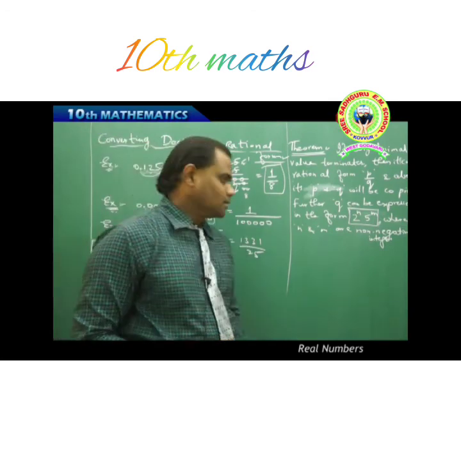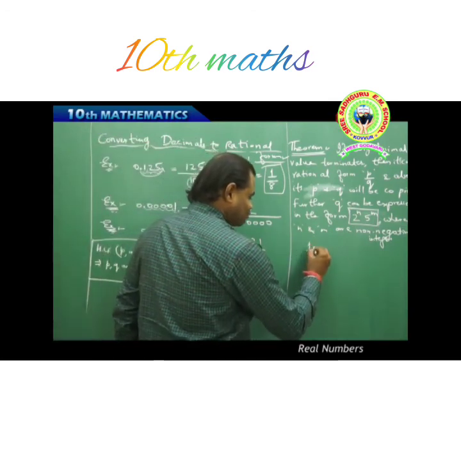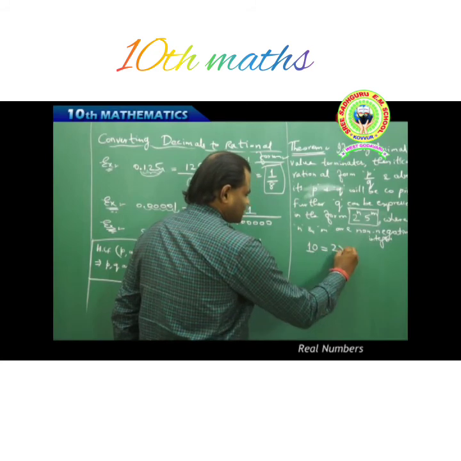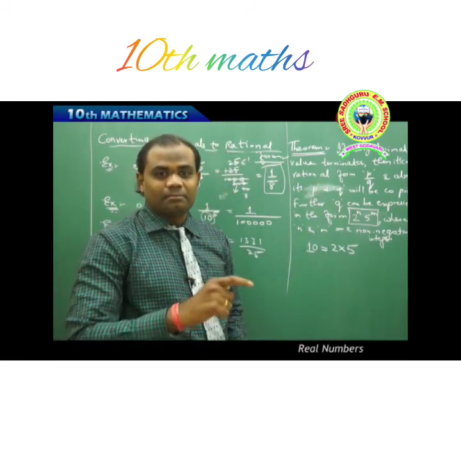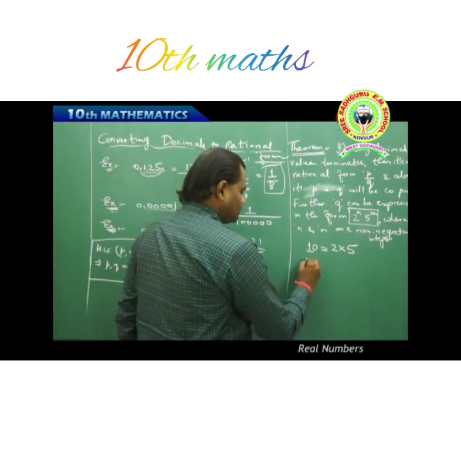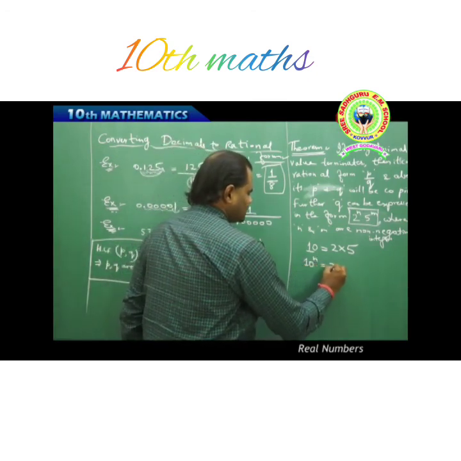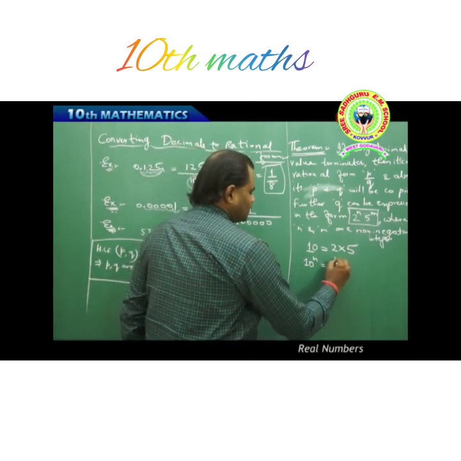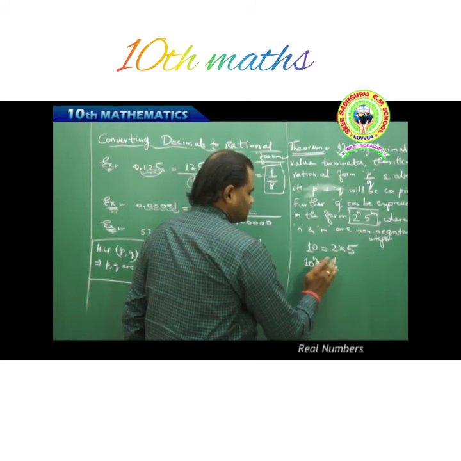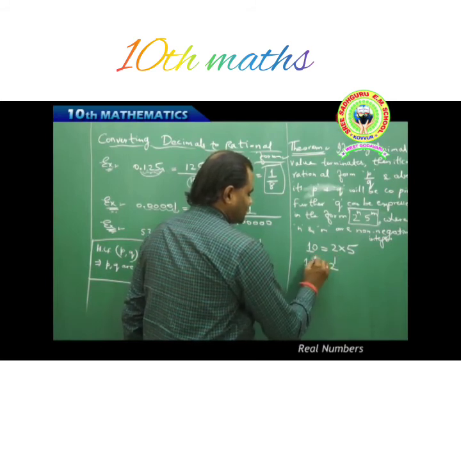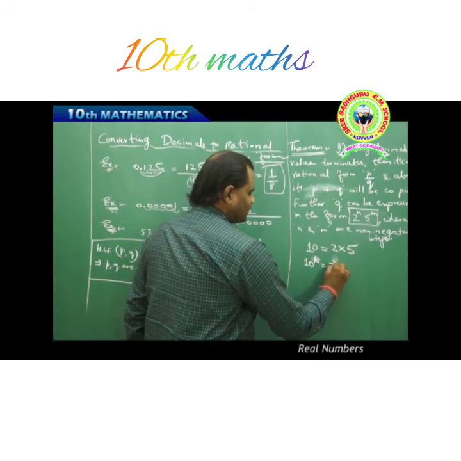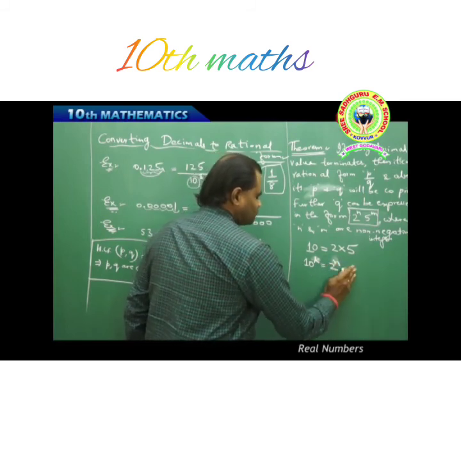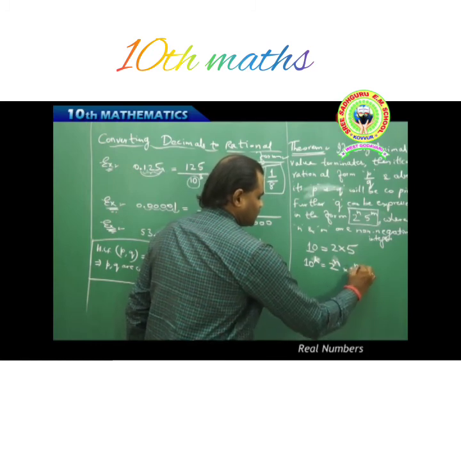Since 10 has the prime factors 2 and 5, 10 power k can be written as 2 power n into 5 power m.